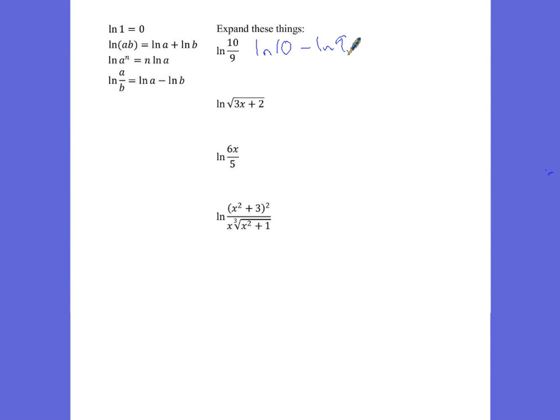Now, I could actually go slightly farther here, and sometimes the book will do this as their answers. Because of the fact that 9 is a perfect square, I can rewrite natural log of 9 as the natural log of 3 squared. It's possible that the book would do this, natural log of 10 minus, and now use that 2 out front, 2 natural log 3.